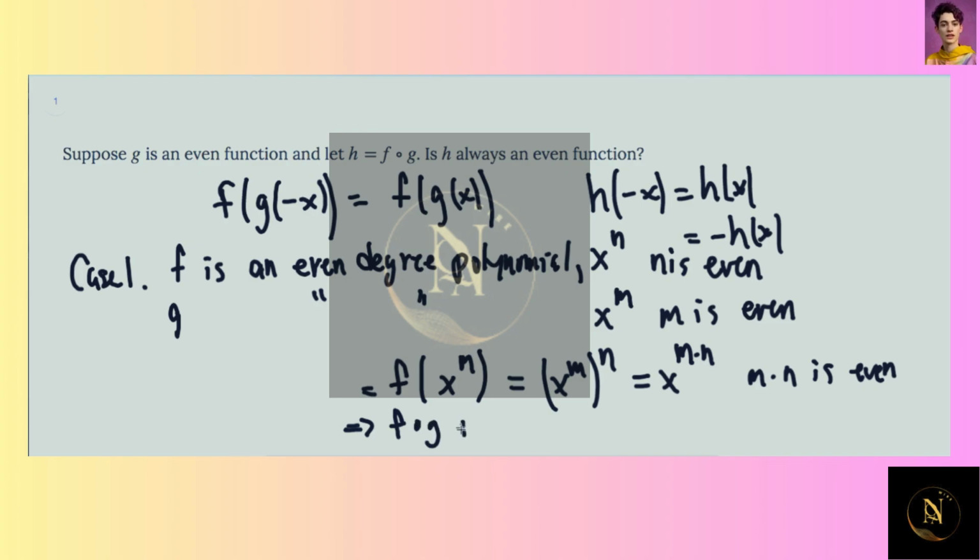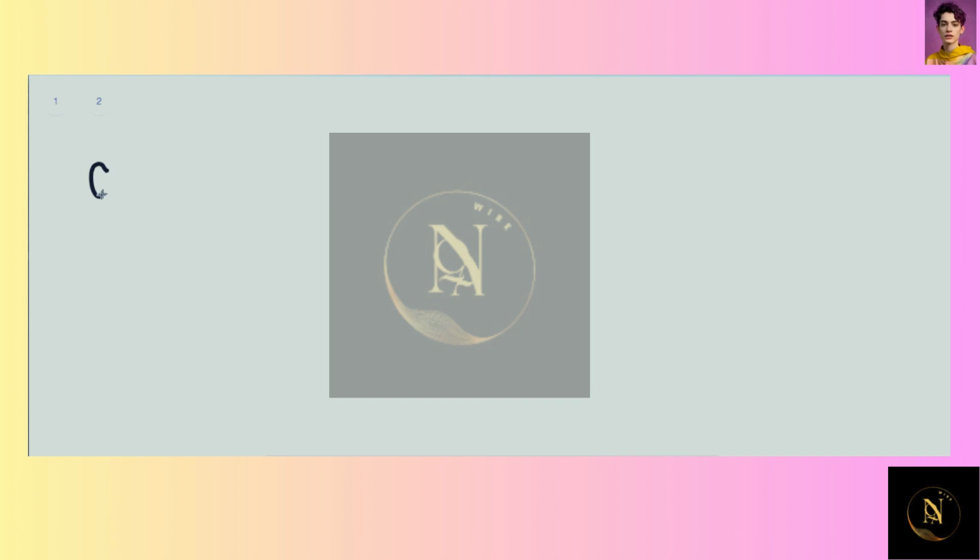Okay, so this implies that f circle G is even. But now we need to consider another case where f is an odd degree polynomial this time, or some other odd function. So let's look at case 2.